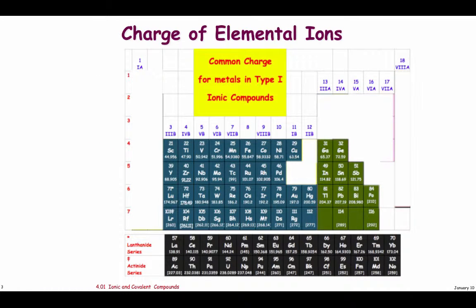And then the transition metals, here they will either give up 1, 2, 3, depending on what makes them stable. And so what you need to do in order to figure out how many electrons these elements will give up is figure out how many electrons its partner will accept.